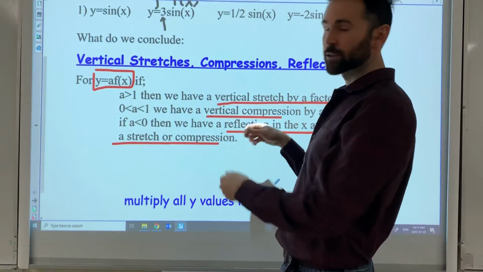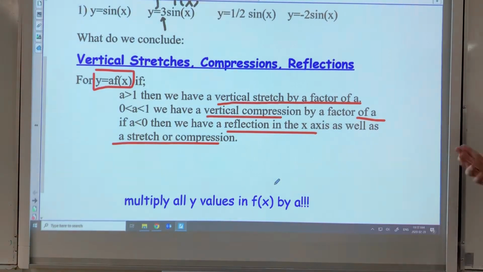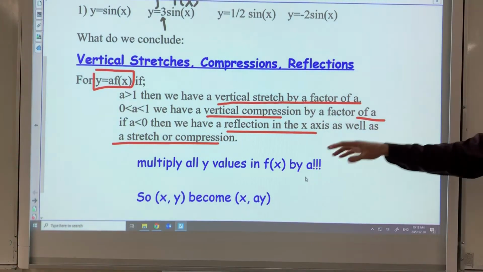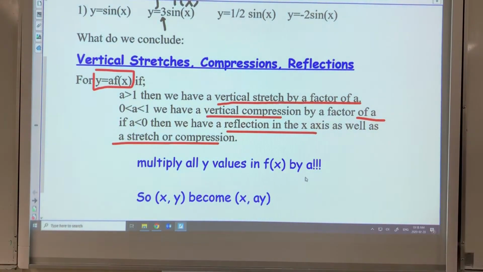If it was negative 1/3, it would be a compression and a reflection over the x-axis. At the end of the day, you're just going to multiply all your y values in f of x by A. So a point (x, y) becomes (x, ay). Are we clear? Good.